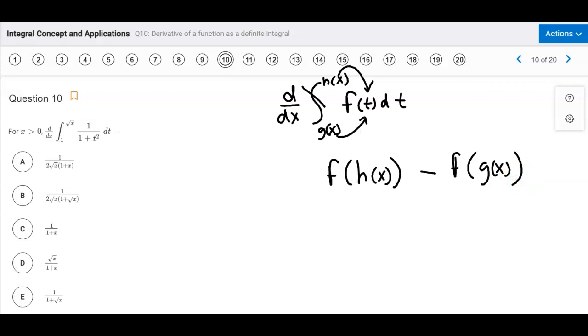But remember, we're taking the derivative of this. So when you do that, you would have to take the derivative of the inside also. So it's going to be h prime of x and g prime of x. So that's that little formula for the more complicated version of the second fundamental theorem of calculus that we talked about. Okay, and we're going to be doing that here on this problem.